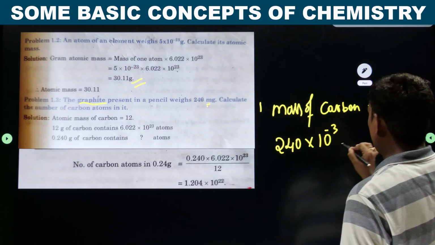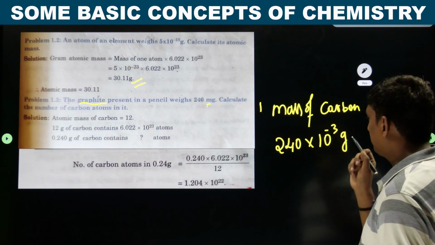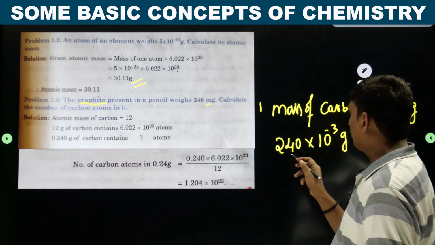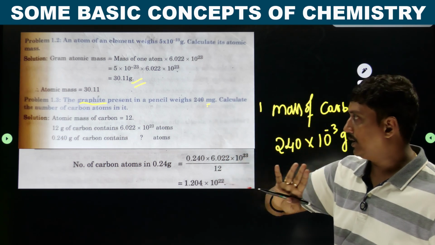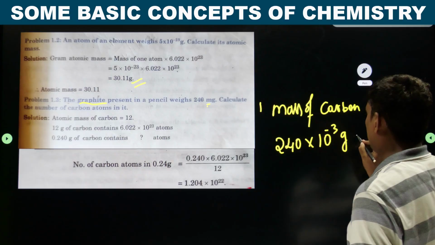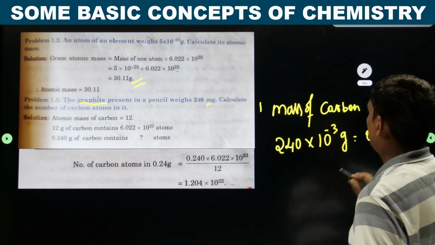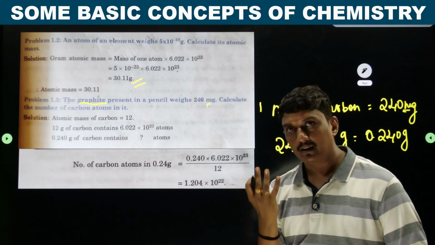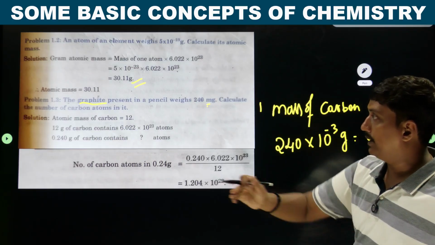In the place of m, you have written this grams. 10 to the power minus 3 is nothing but 240 divided by 1000, which is equal to 0.240 grams. 0.240 grams. So, how much mass of carbon do we have? 0.240 gram.